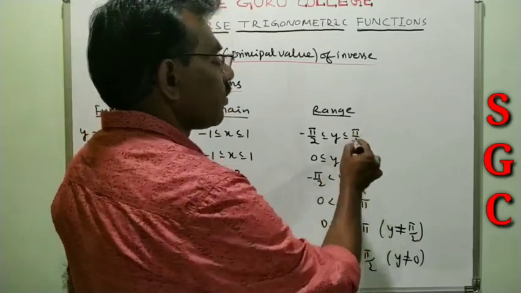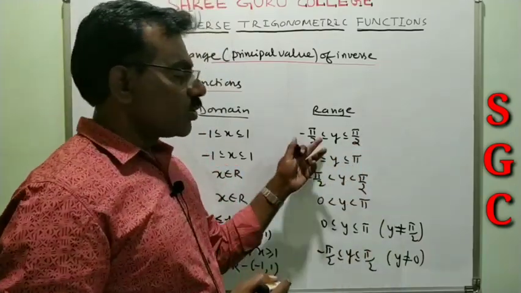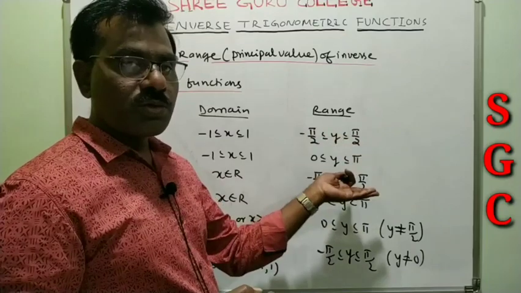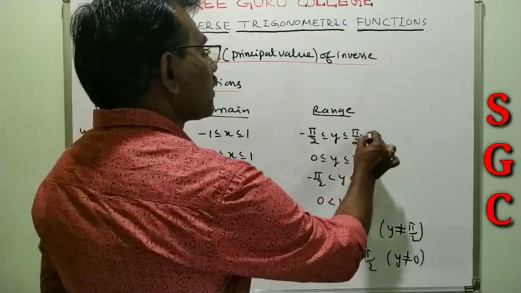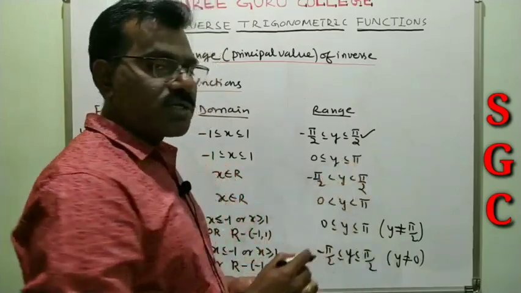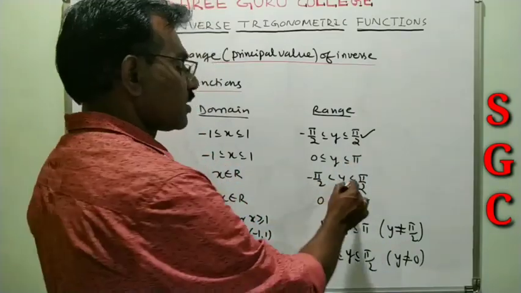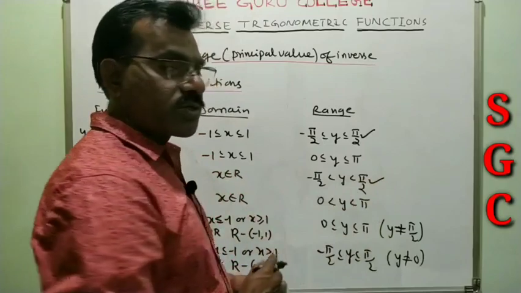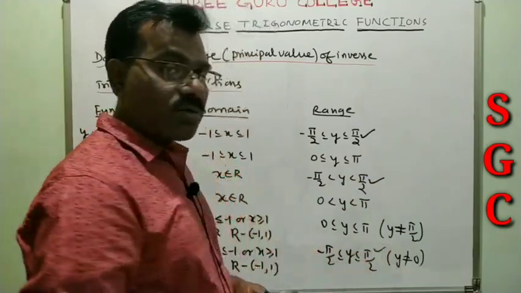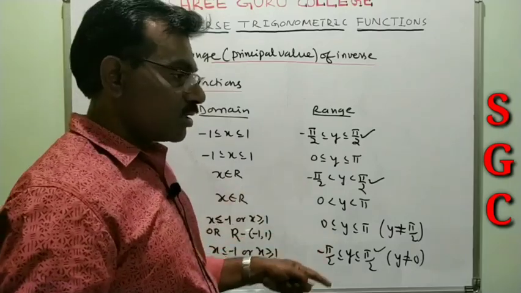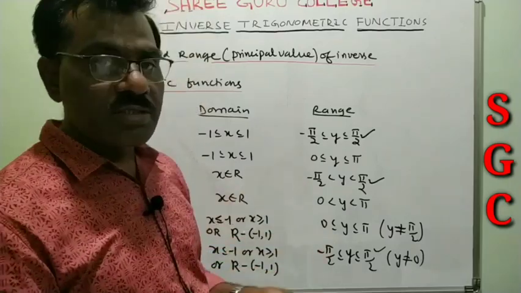Here both domain is positive, range is positive. Domain is negative, range is negative. Positive is positive, negative is negative. In these 3, plus is plus, minus is minus.